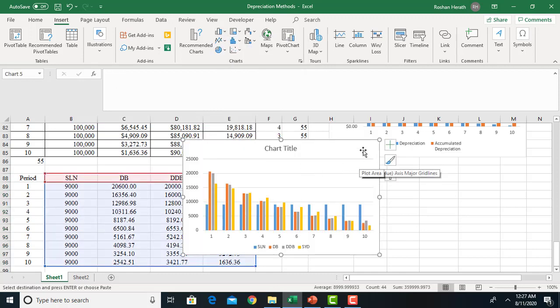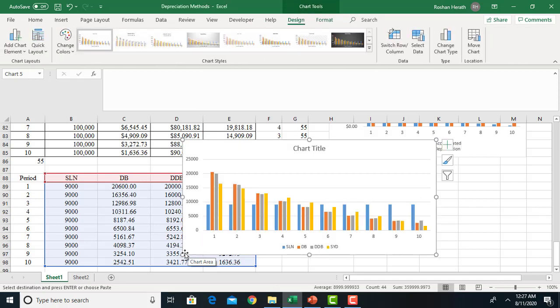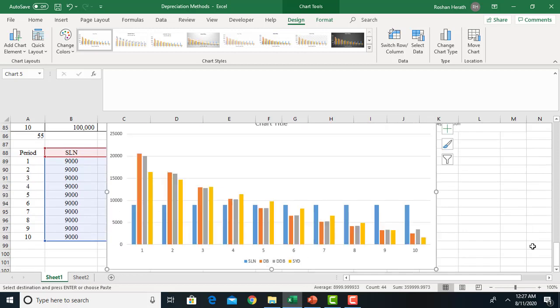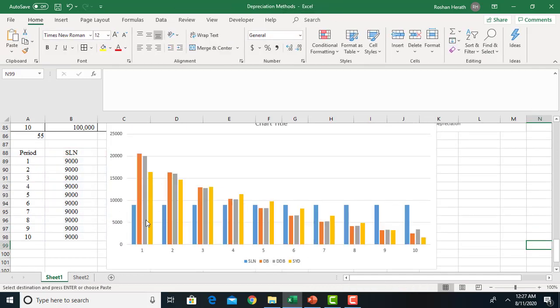Right, now you have a good comparison over here. You can expand that table and see how the depreciation had been. Out of the different methods, you can see that under the declining balance method, the greatest depreciation was witnessed in the first year.